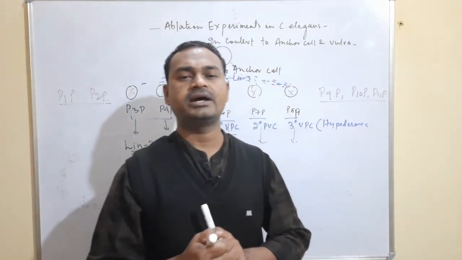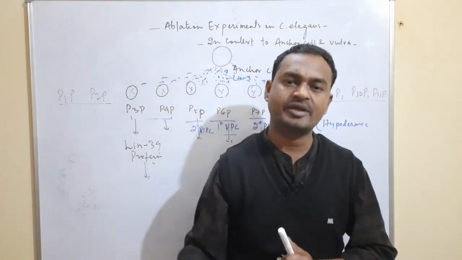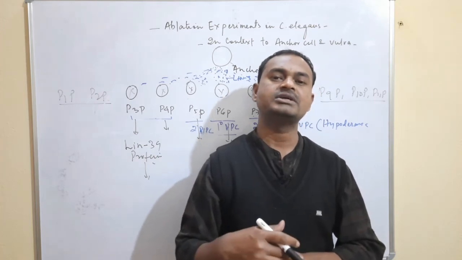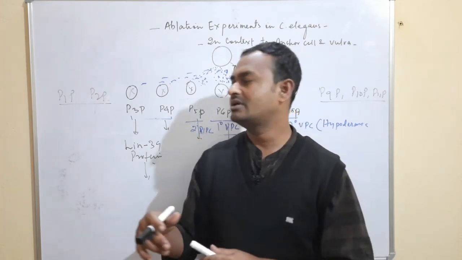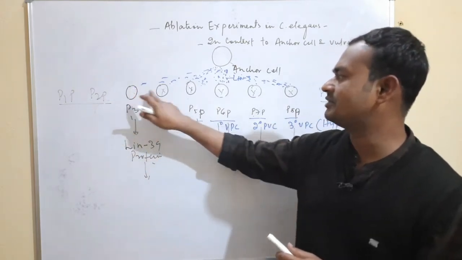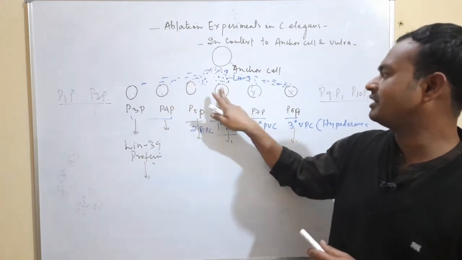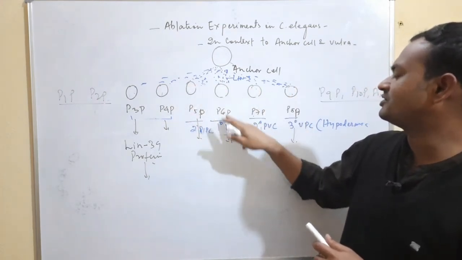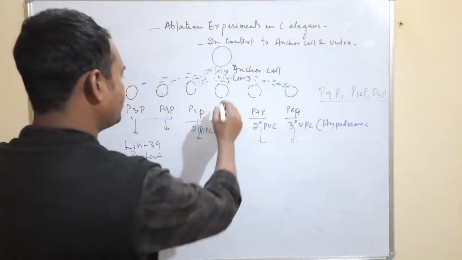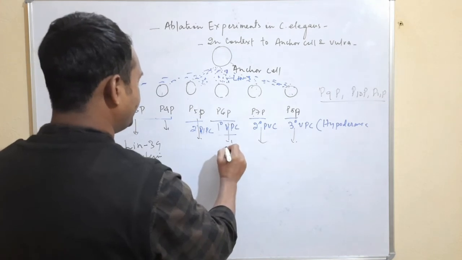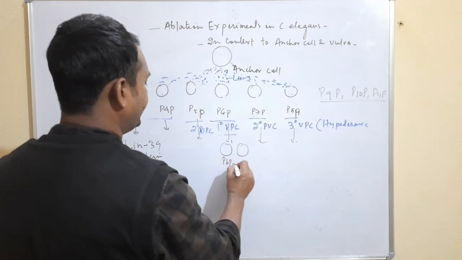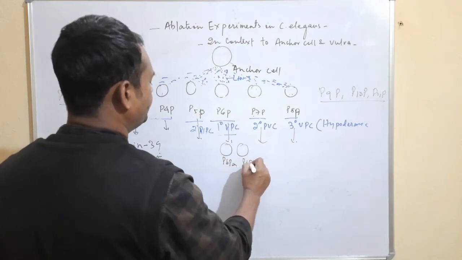Actually, Lin-39 stops the vulva precursor cells from fusing with the hypodermis first, and it is also involved in cell development. After the cells acquire their specific fate, they will keep on dividing. Suppose P6P divides; it will give P6P anterior and P6P posterior.